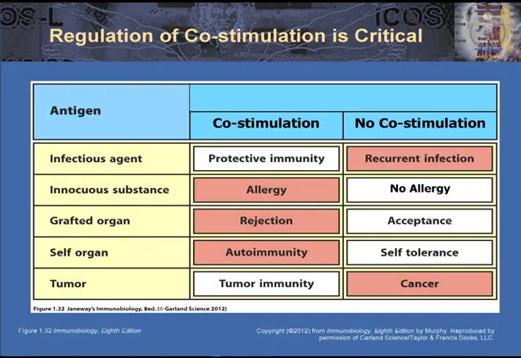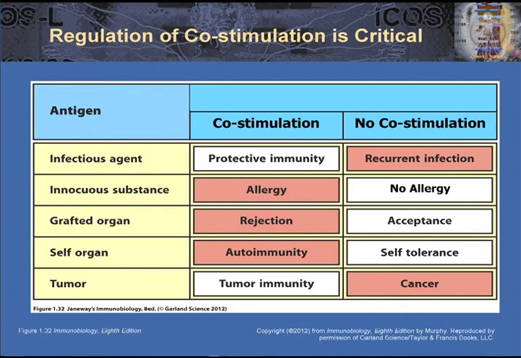So this co-stimulation is really critical in a number of different clinical situations. Shown in white are the things that we want to happen. In other words, if you have antigen and co-stimulation, you get protective immunity and you get tumor immunity. If you have no co-stimulation, then you don't get the induction of allergy to harmless environmental antigens, you get acceptance of a grafted organ, and you don't get autoimmunity.